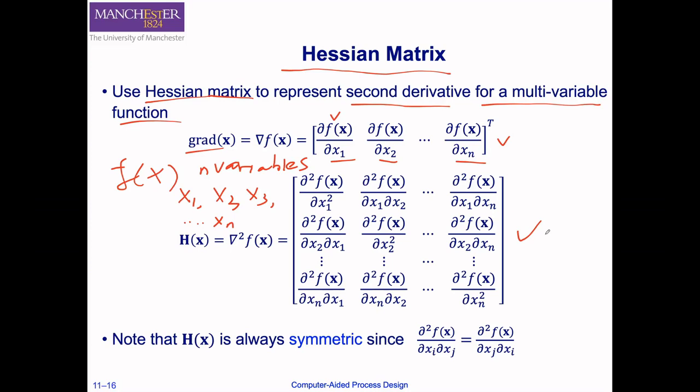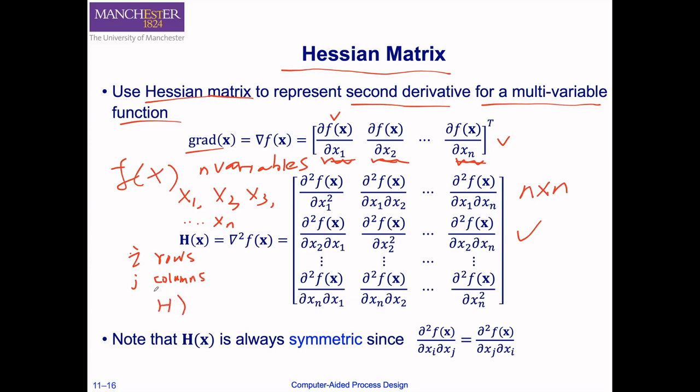As we have n variables, this matrix is an n times n matrix. That means this Hessian matrix has n rows and n columns. It is a square matrix. Let's use i to denote rows, j to denote columns of this Hessian matrix.